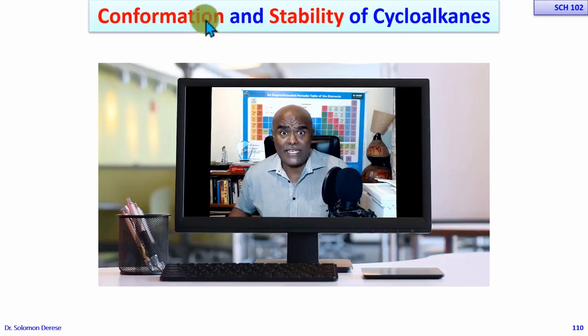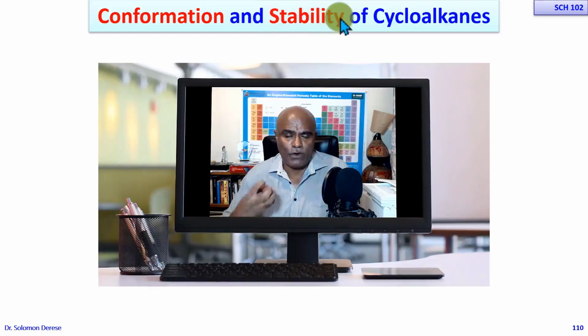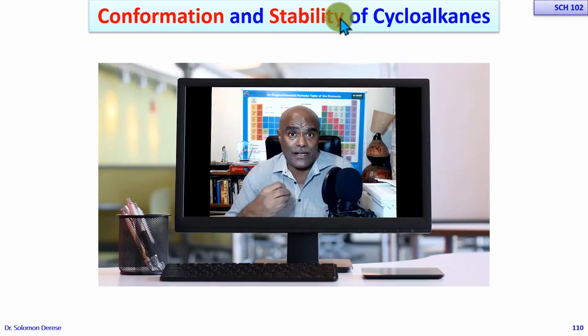The different structures cycloalkanes, or generally alkanes, adopt as the result of freedom of rotation across their carbon-carbon single bond are called conformations. And these different conformations have different degrees of stability. Some of the conformers are stable while the other conformers are unstable.